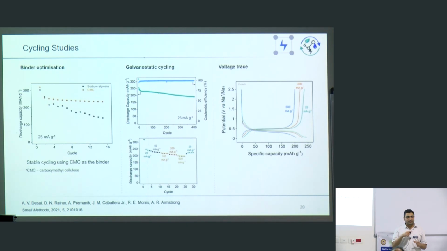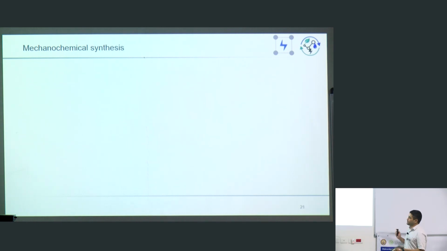If it was happening at some other site, you would start seeing extra peaks appearing in this voltage trace. The reason that you're not seeing any extra peaks over here is a good signature that this synthesis has happened in a clean manner. So this is another experiment that is a good way to prove that your synthesis is working fine, even when you put it into a battery at different current densities.